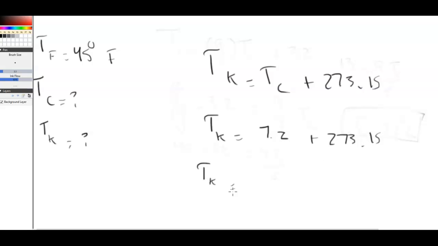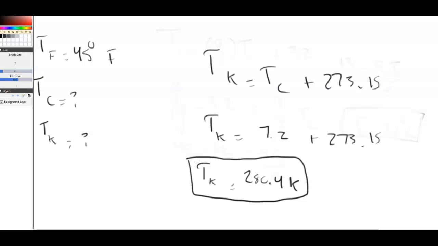And so the temperature in Kelvin would be equal to 280.4 Kelvin. And again, Kelvin, not degrees Kelvin. It should be a capital K, by the way. Okay, so when you see a problem dealing with 280 Kelvin, just to put that into perspective, it's about 45 degrees Fahrenheit.